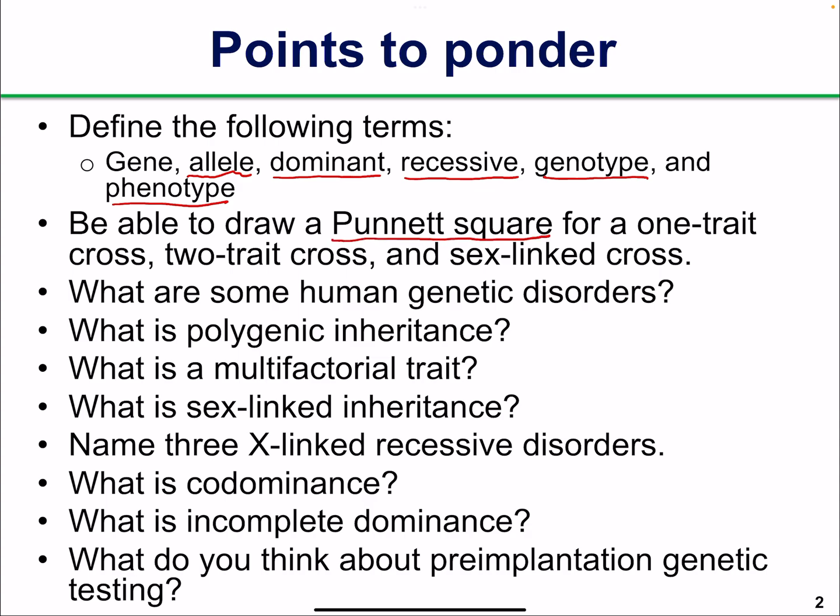I want you to focus on how to draw a Punnett square focusing on one trait and on two traits. Now, obviously, as you go from 1 to 2, the story becomes a little complex, right? Even more complex when we address 3 different traits. And what do we call a trait anyway? I want you to focus on that.